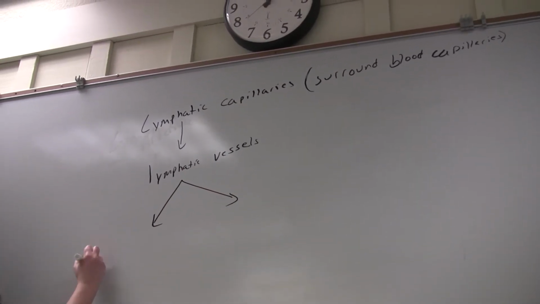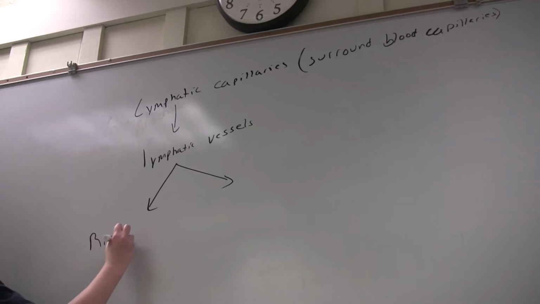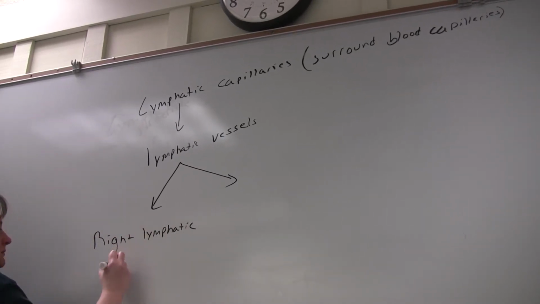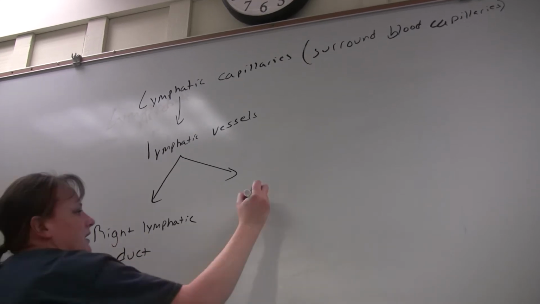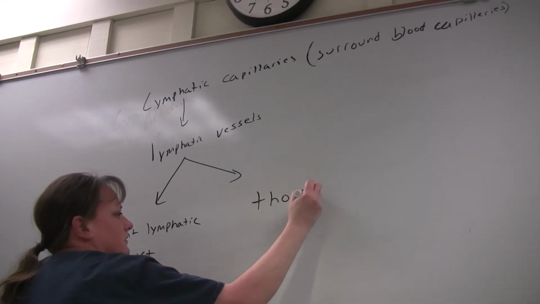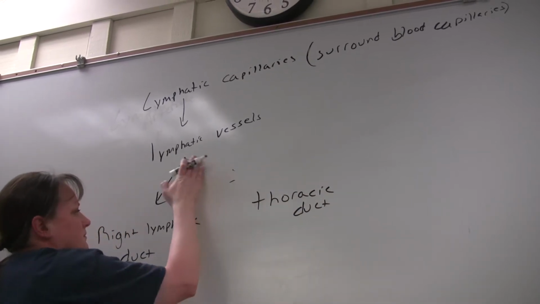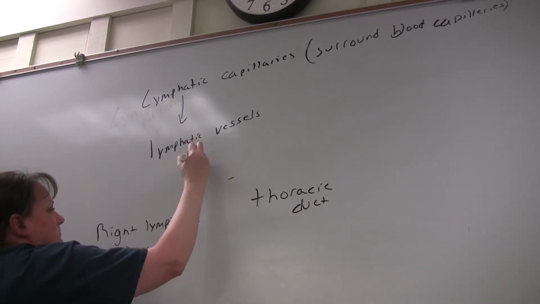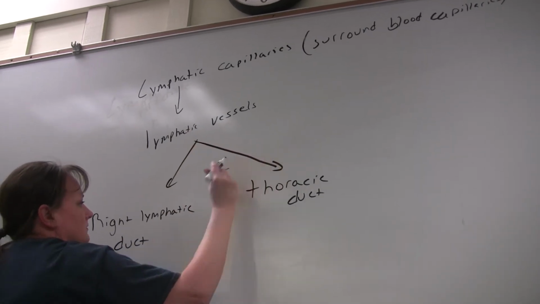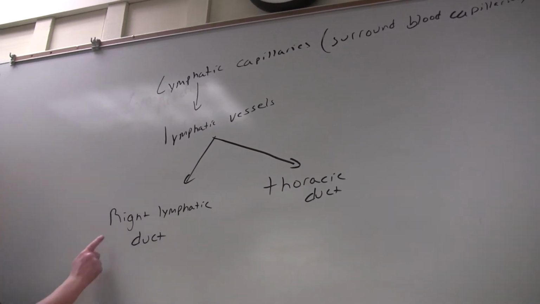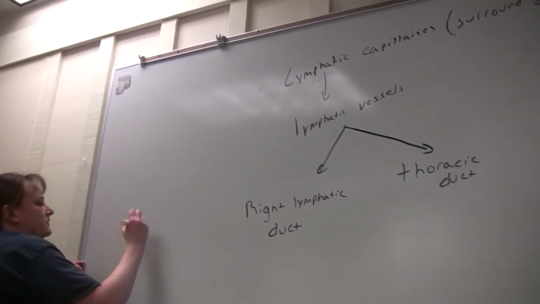So they're carrying the lymph, and then lymphatic vessels are going to drain that lymph, that fluid, into one of two ducts. We have a right lymphatic duct and we have a thoracic duct. I make my arrows better. Now I'm going to put over here off to the side the right lymphatic duct.